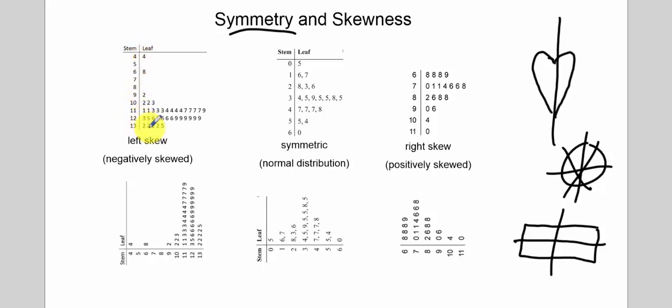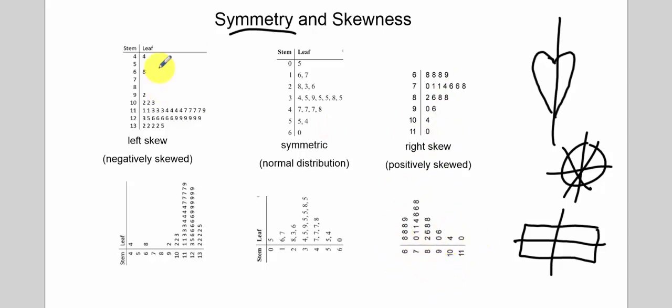So this graph is what we call left skewed, because if you were to take and turn it like it were a bar graph, the left side is light. Again, this is symmetric. This side is right skewed because, again, if you were to take and turn it on its side, the right side of it is light.